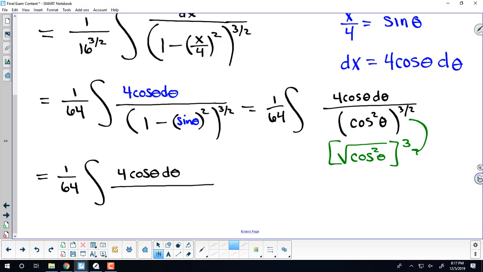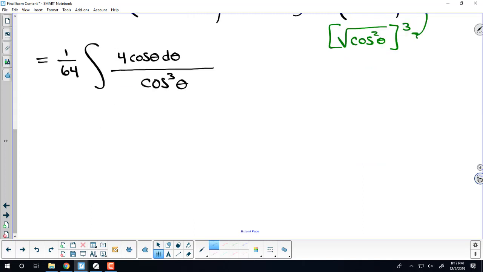So you just have cosine cubed on the bottom. The constant with the 4, we're going to write as 1/16. One of the cosines cancels, leaving the integral of 1 over cosine squared theta with respect to theta.